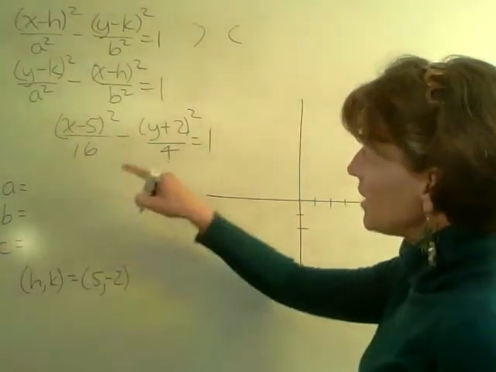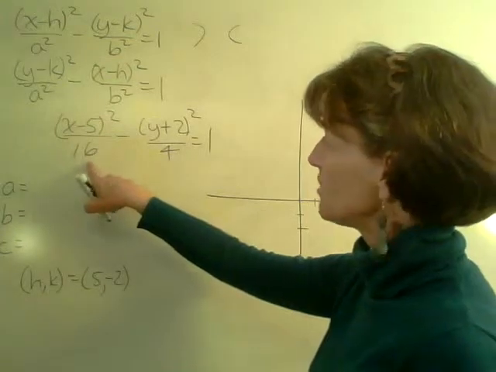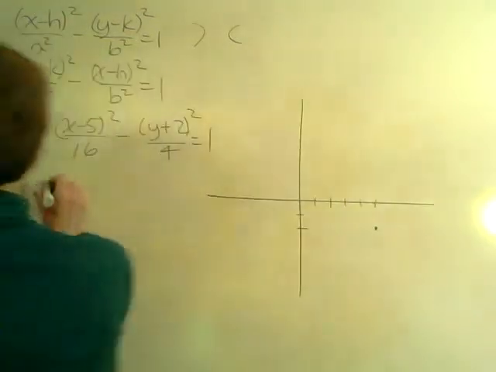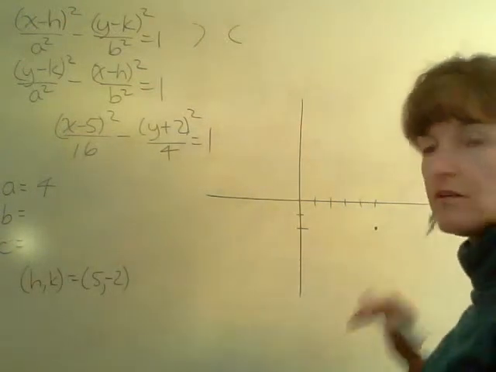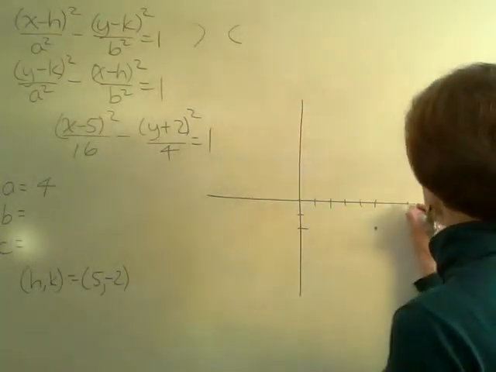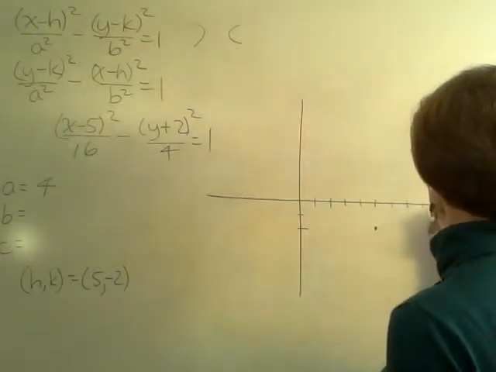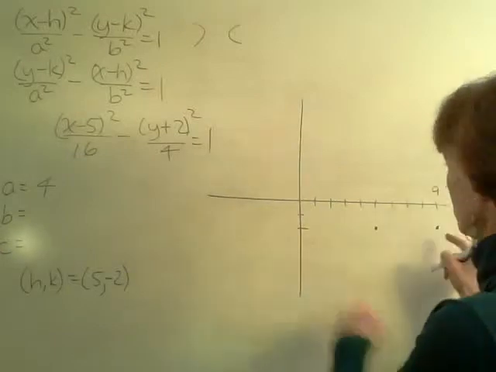All right, now a, remember a squared is always under the positive term. This time a squared is 16, so a is 4. And since the x squared term is positive, this is a sideways hyperbola. So I'm going to go 4 units to the left and 4 units to the right to get my vertices. Well, 4 units to the right puts me at 9, negative 2.